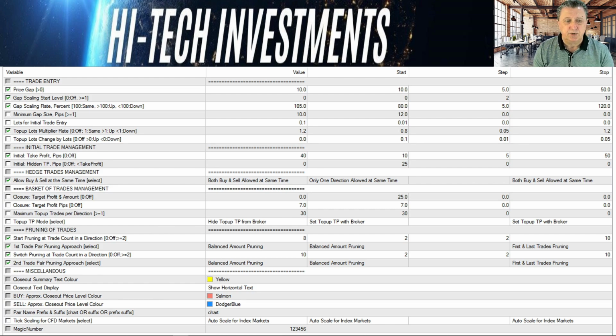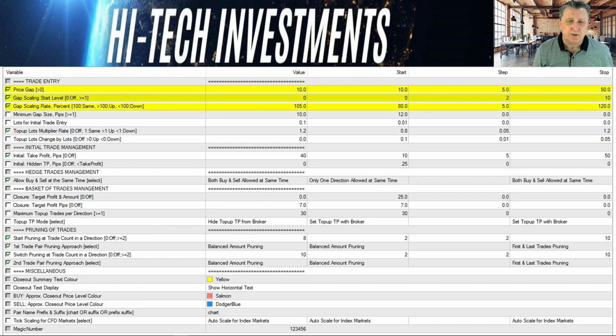And after the initial test that we set up, similar to this, then we went in and had a closer look and testing in a different manner. Now, this manner is we are using 3 different currency pairs and we are testing everything at the same time. So we jump off the generic part, we unclick that one, and then go through and test price gaps, gap scaling, and the scaling rate in here.